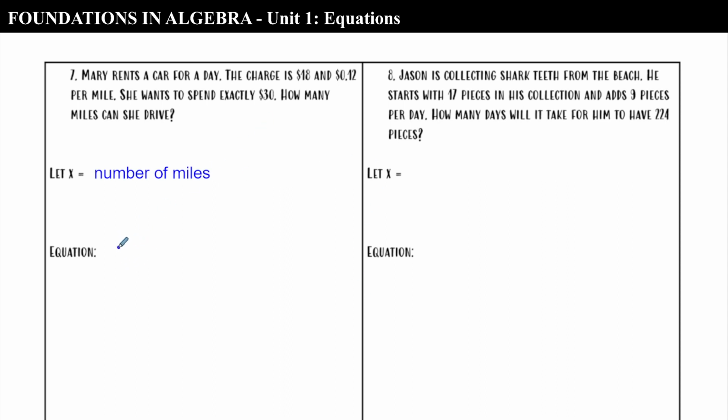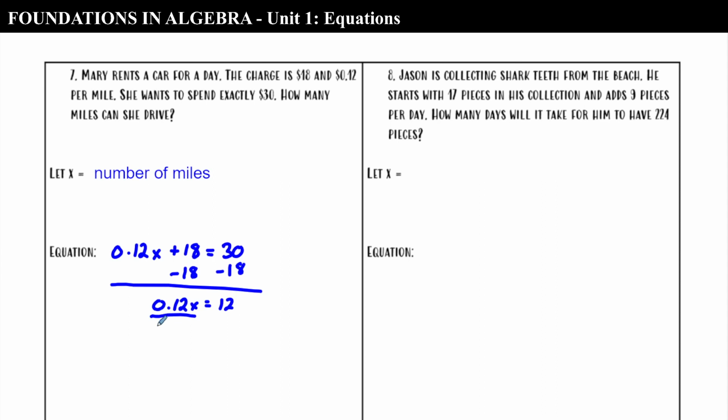So it costs 12 cents per mile, so 0.12 times the number of miles we go, plus the one-time fee of $18, and she only wants to spend $30. So we're going to subtract 18 from each side. That gives us 0.12x equals 12.